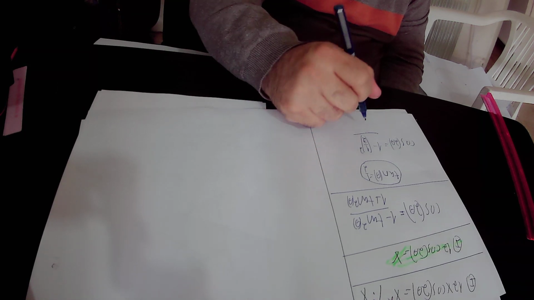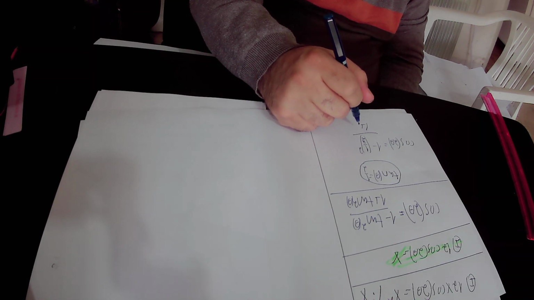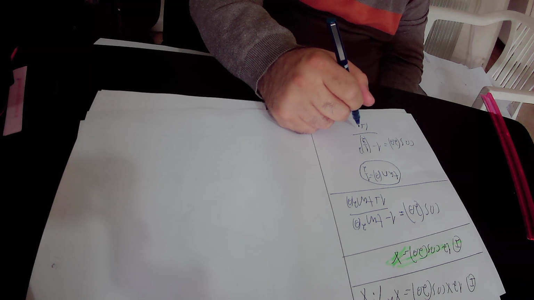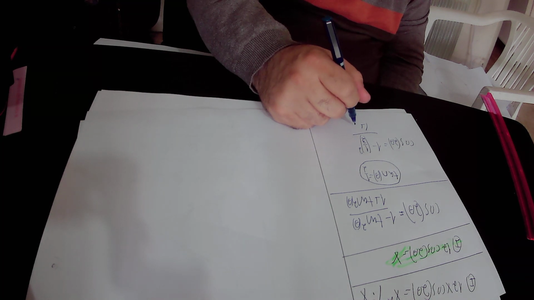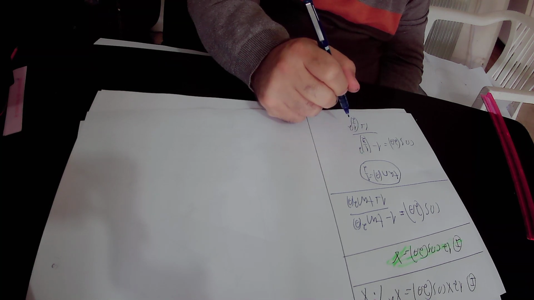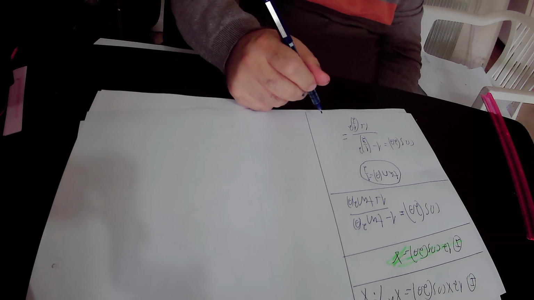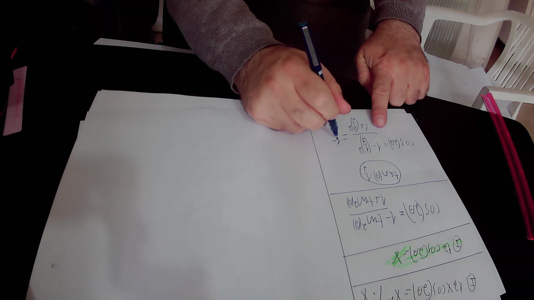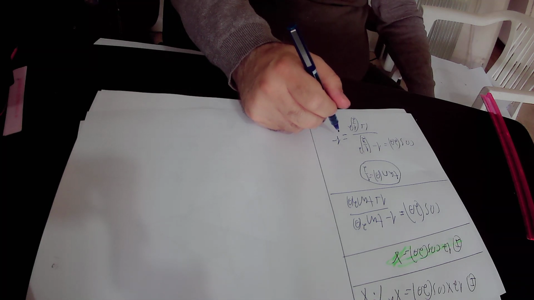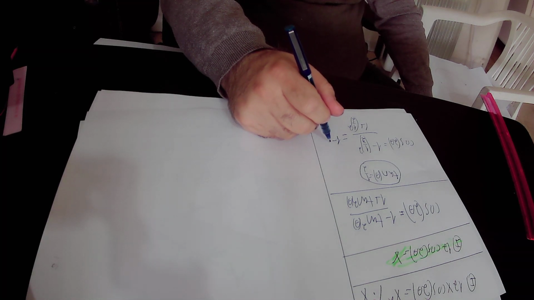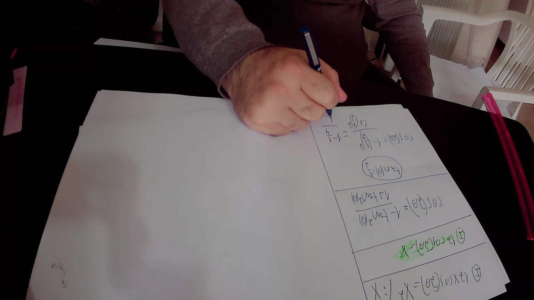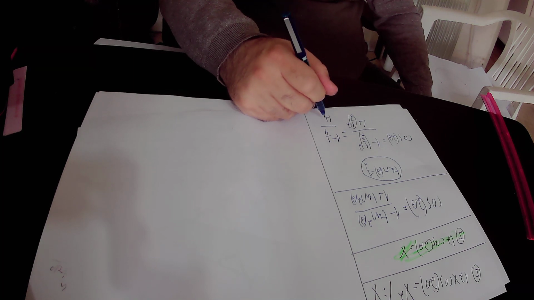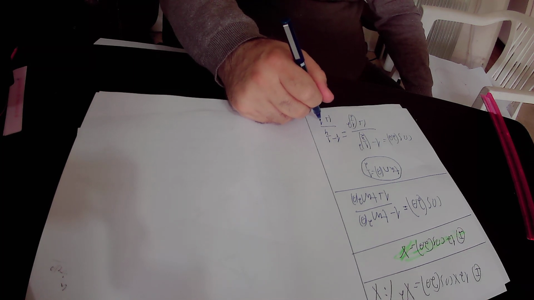Here it is: cosine 2 theta equals 1 minus 1/2 squared, which is 1/4, over 1 plus 1/2 squared, which is 1/4.